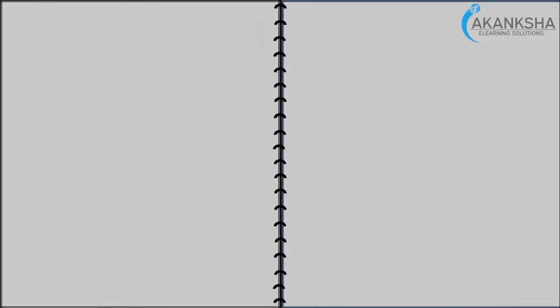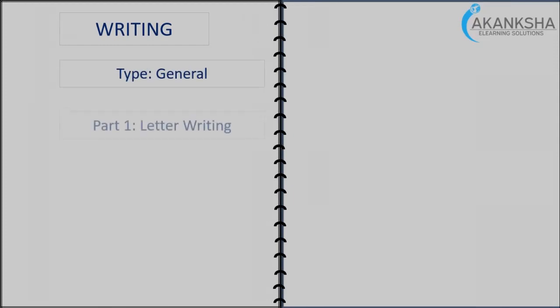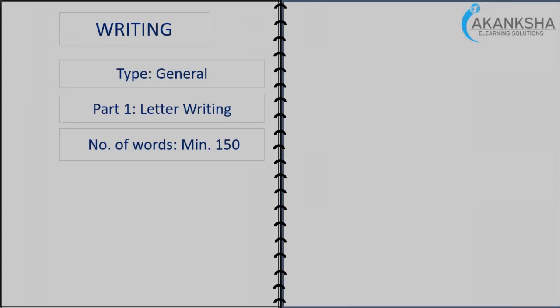All right, next one is writing, in fact. The writing section is of 2 different types. One is academic and the other one is general. Let me just brief you on general first. It has 2 different parts, where part 1 is basically letter writing, where you have to write a letter of about 150 words minimum, all right?